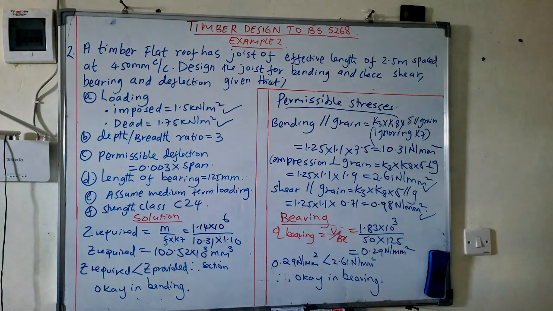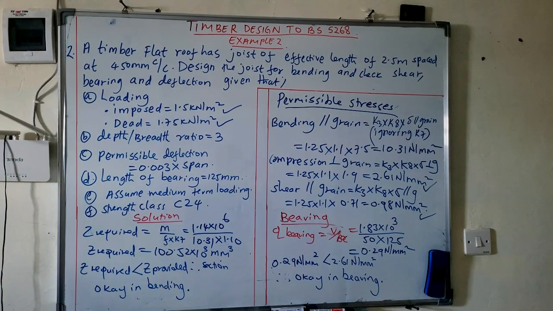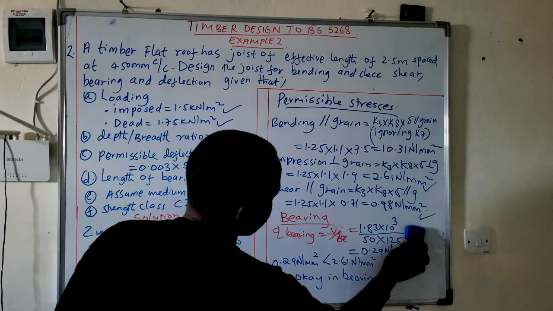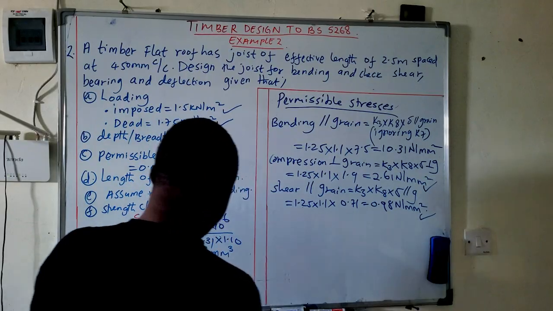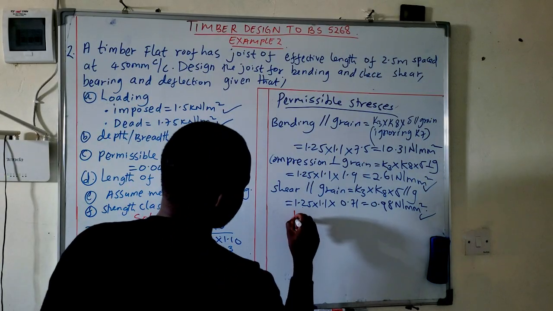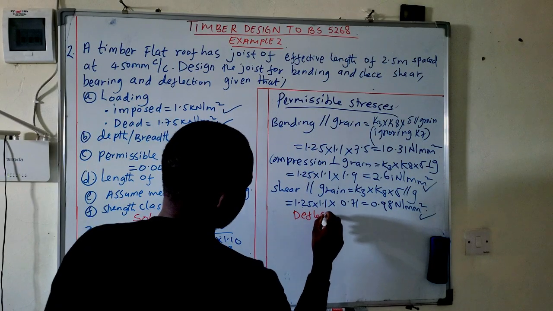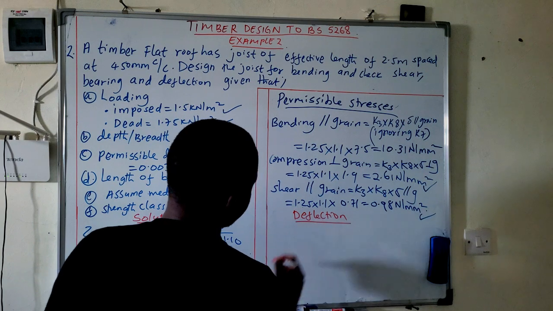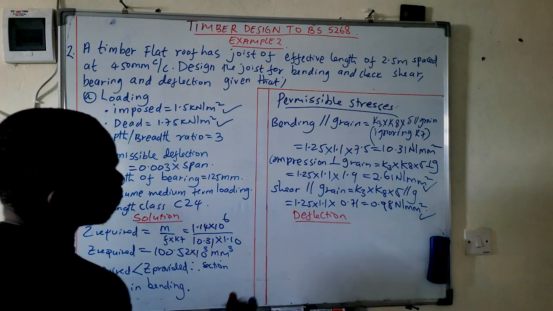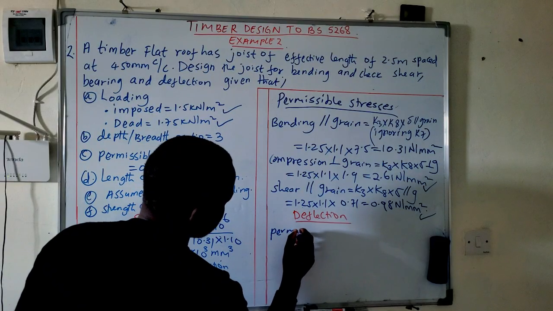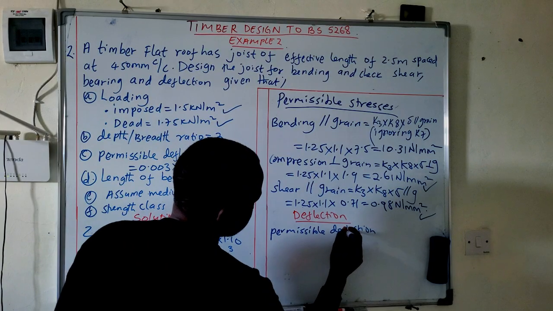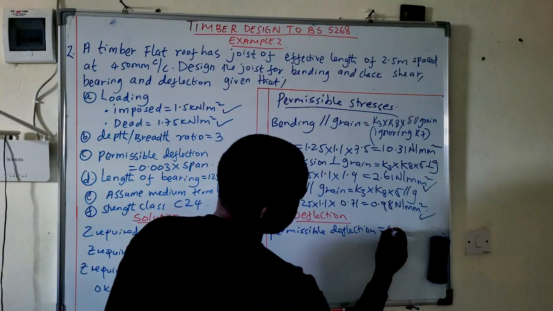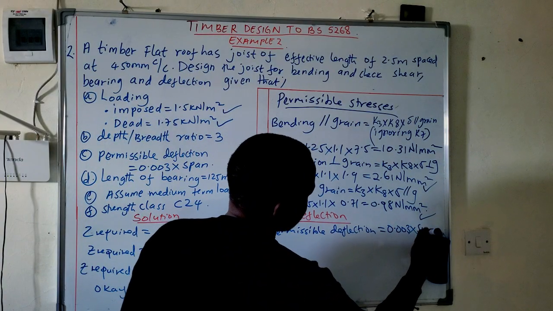Then we come to the final one, which is deflection. So permissible deflection equals 0.003 times span.